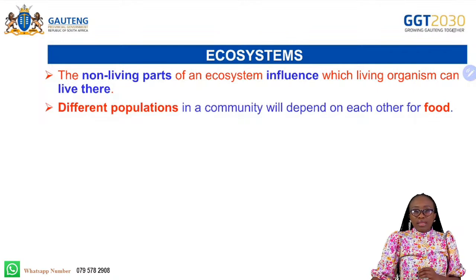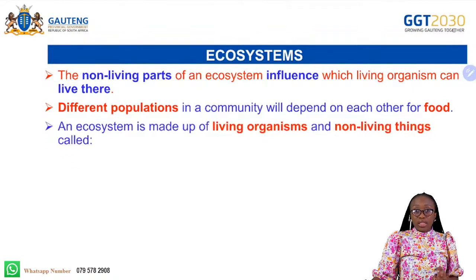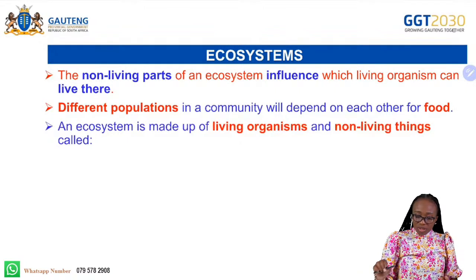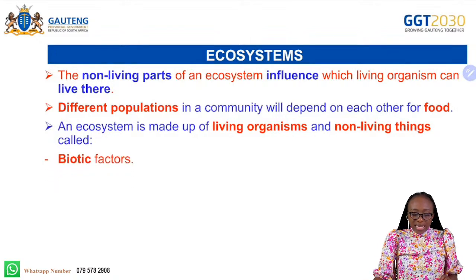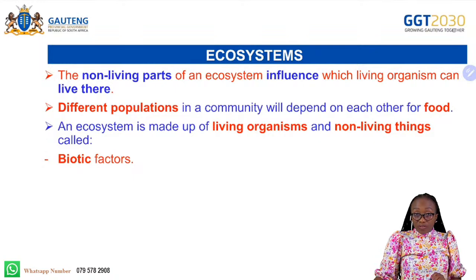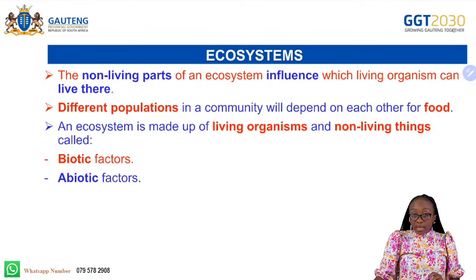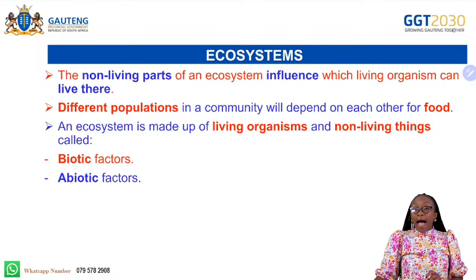They influence which living organism can live in that particular area. Different populations inside a community depend on each other for food. Because an ecosystem is made of living and non-living parts, the living parts are called the biotic factors, and the non-living parts are called the abiotic factors.